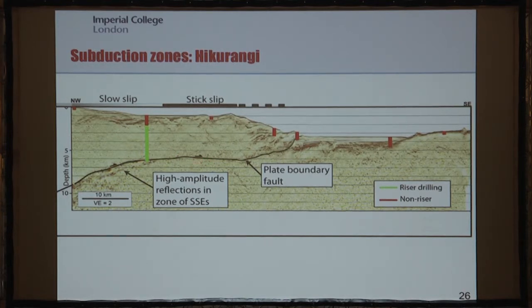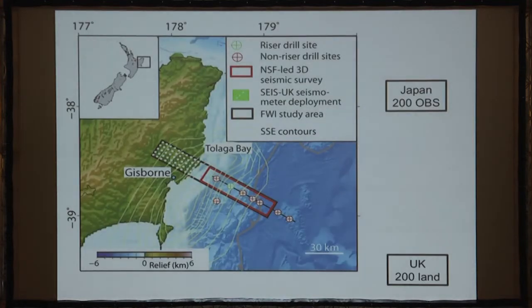And the question here is, is that fine? Will it continue slow slip forever, or might it lock, and does it have the potential to generate a very dangerous megathrust? So there's drilling going on there. To support the drilling, we're doing a 3D seismic experiment. So there'll be conventional 3D seismic offshore.